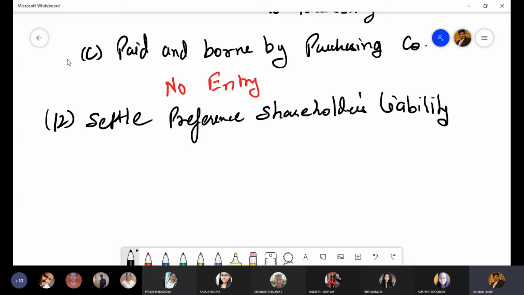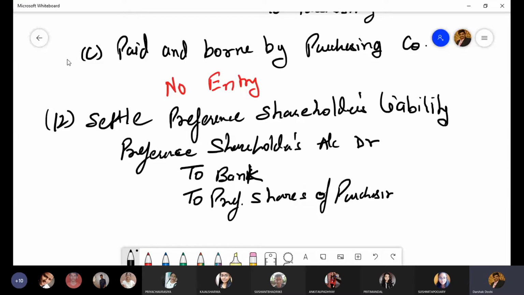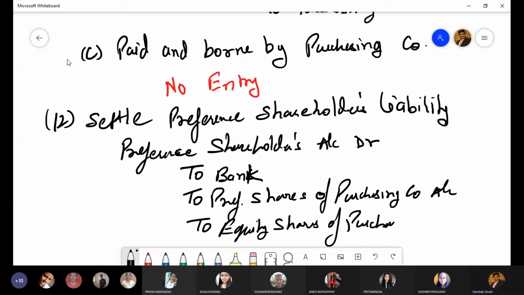So while settling the liability of preference shareholders, the entry will be preference shareholders account debit to bank if cash is paid, to preference shares of purchasing company, to equity shares of purchasing company.